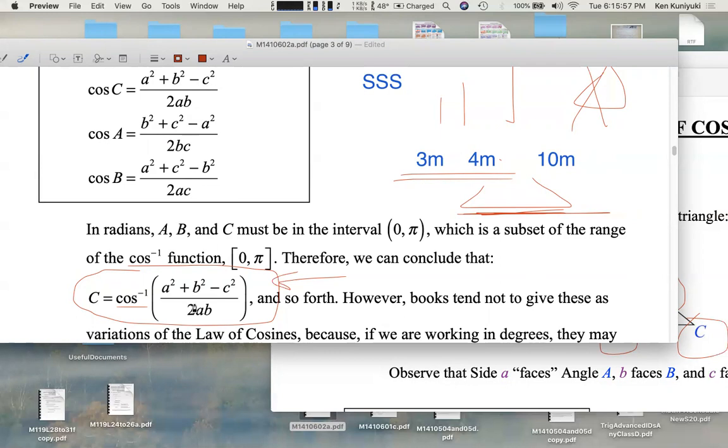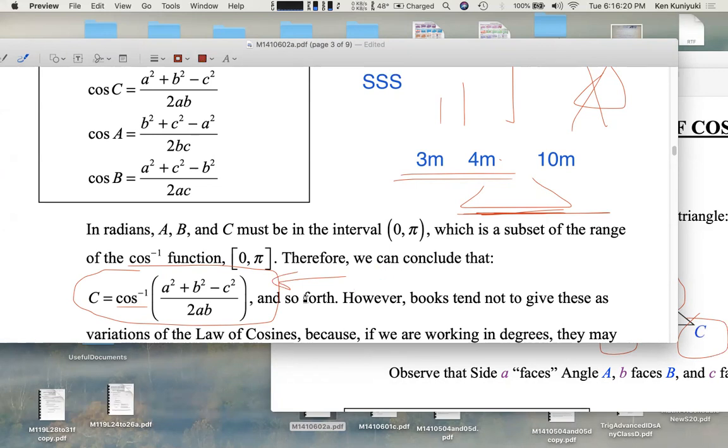So even though we're going to give the angle measures in degrees, typically in this chapter, I'm okay with using this inverse cosine notation, even though books normally expect a radian measure for output. I say degrees are okay. It's okay to work out an inverse cosine expression and give the answer to me in degree form, provided you indicate the degree symbol.